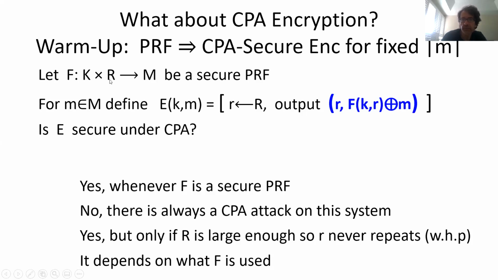This is 64-bit strings, and this is 64-bit strings. But it works for any PRF, which has a different domain and range. So here's how I encrypt messages in this space. This is a randomized encryption. I choose a random element from the domain of the PRF, and the ciphertext is a pair of values, encoded by concatenating the first element to the second. Because they have fixed sizes, it's unambiguous.